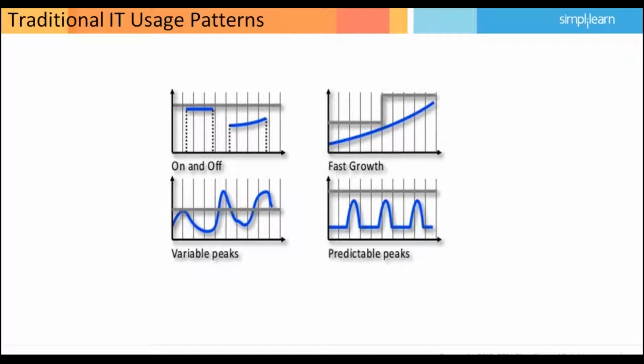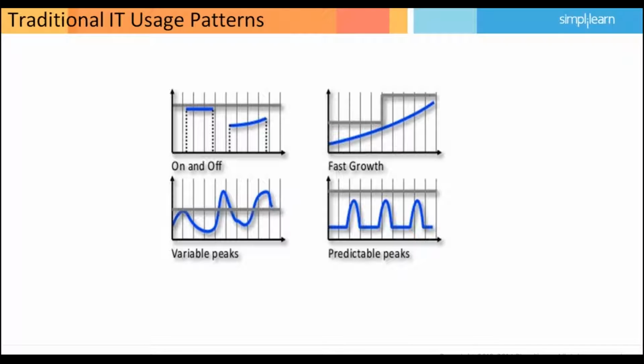But fast growth is the second one, where you're growing a business and there's a lot of things coming up. You need to install more and more servers, and at the same time you need to deliver as well. There's rapid usage going on. So that's the linear way of growing. Then there is variable peak.